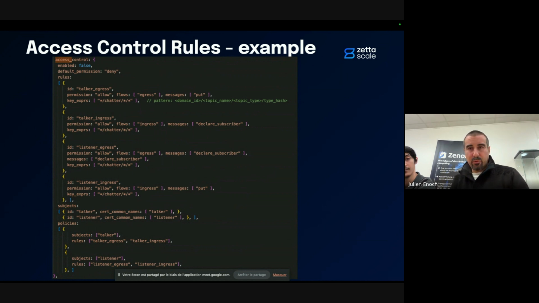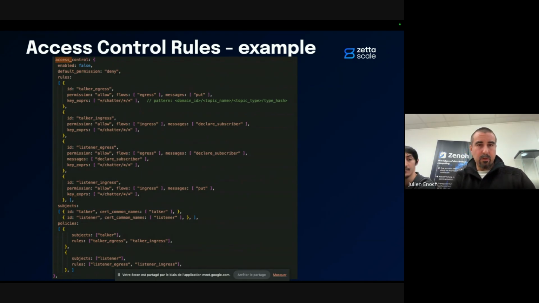And then / the type hash. The type hash is computed at compilation time, at code generation time, with recent versions of ROS 2, since Iron, I think. But for simplicity, the user can use star, which will map any chunk.